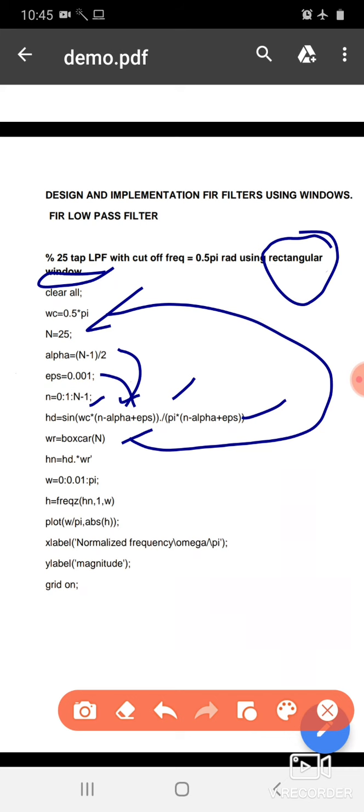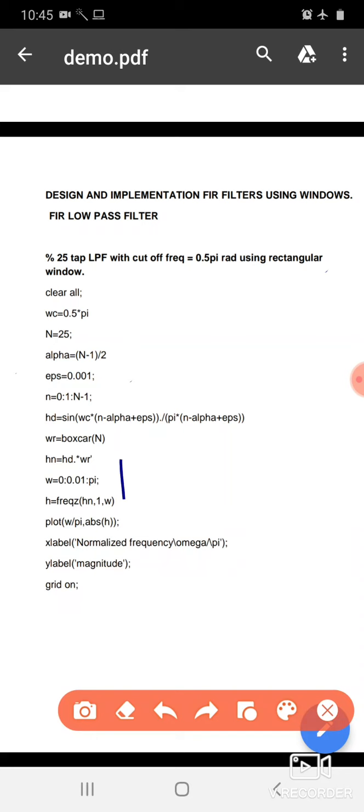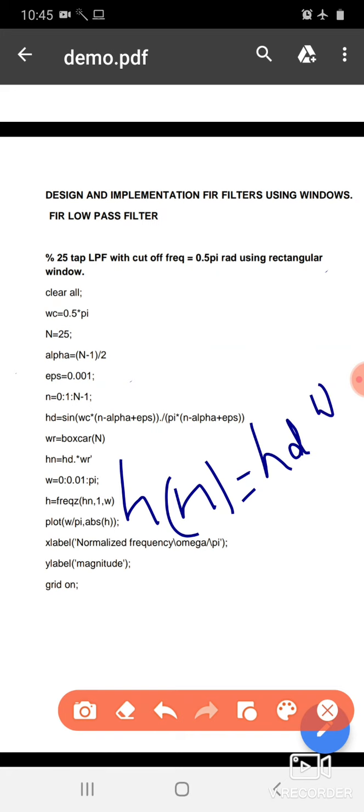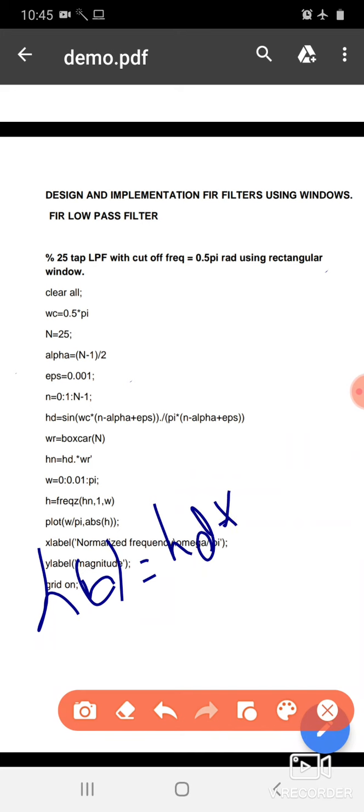After getting this, what is the next step? We want our h of n sequence. If I want h of n sequence, what you have to do? We have to multiply hd into omega. h of n is equal to the desired unit sample response multiplied with the window value.